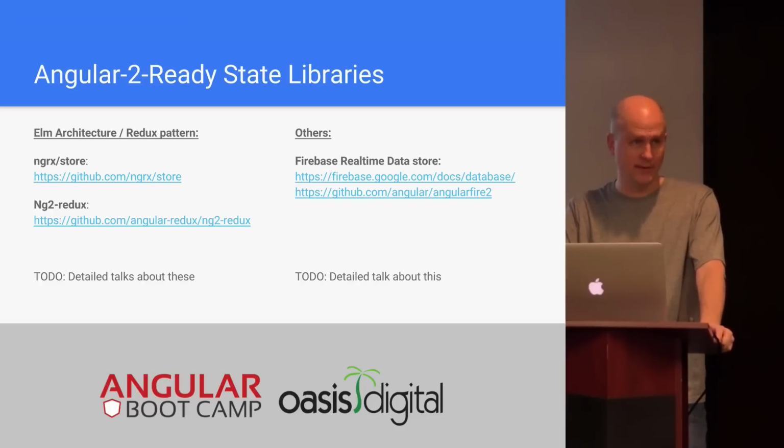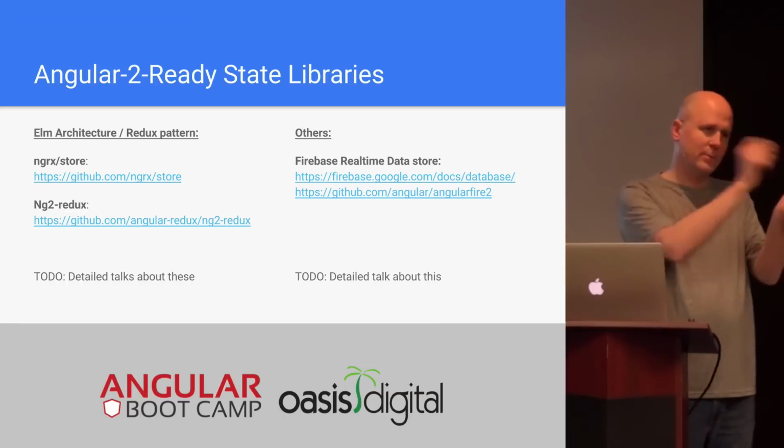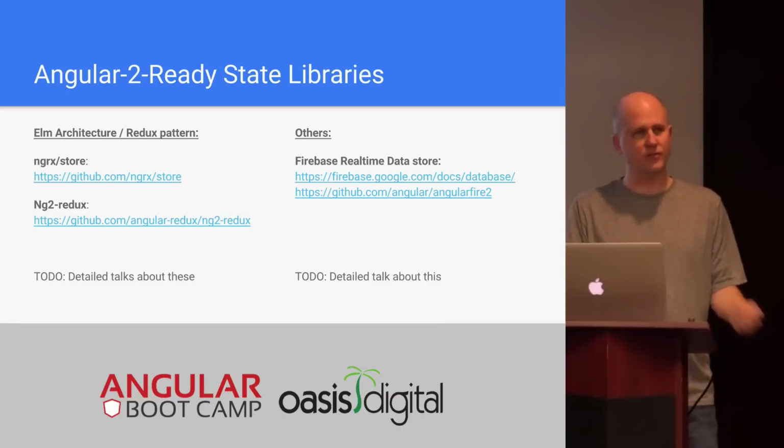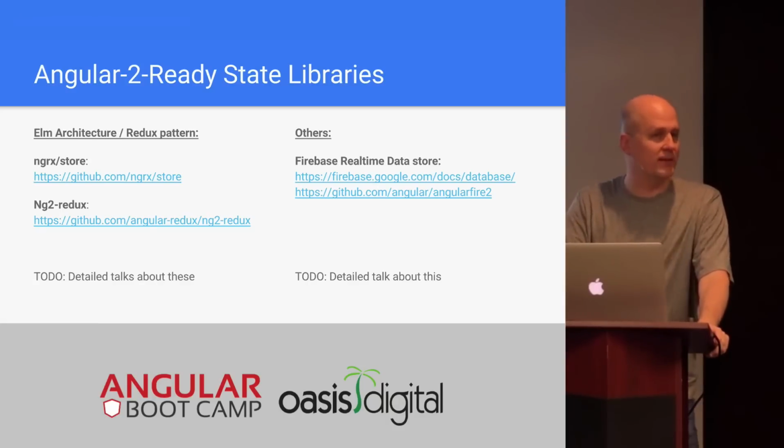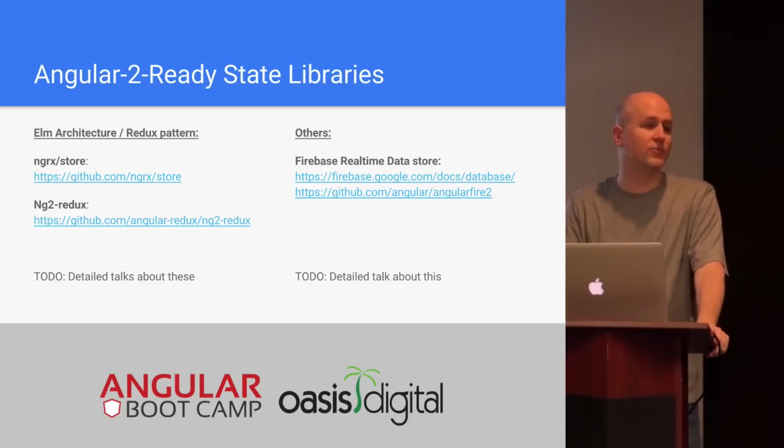You can still manipulate it as a single thing, but you can also manipulate any individual piece of it as you need to. As you go from one route to another, you just clear out what's in the store and start putting new things in. That depends on whether you consider the stuff on the other screen you're not on part of the state of the application, and whether you're okay having to reload it.